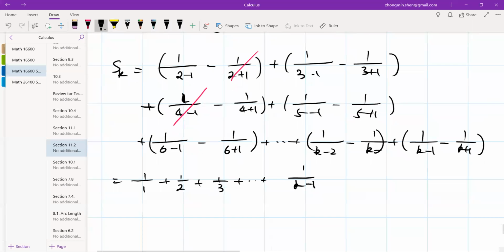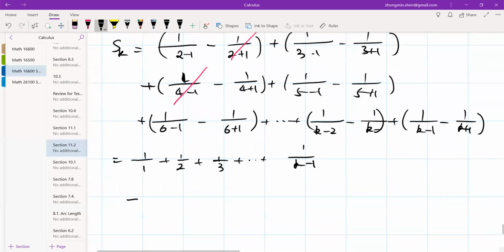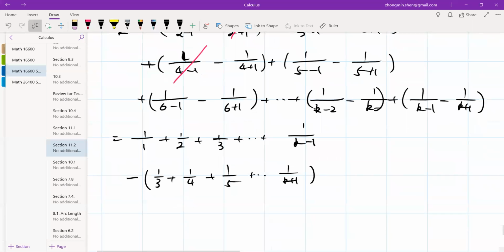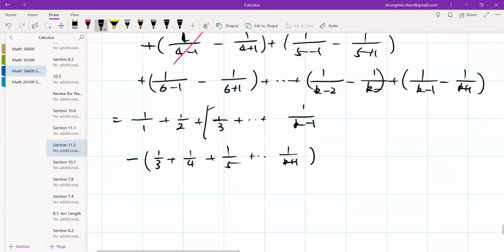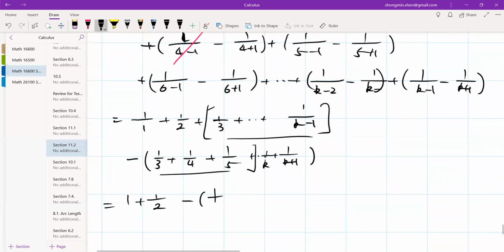And the negative terms begin with 1/3, 1/4, 1/5, up to 1/(k plus 1). Then it's easy to see which terms will be gone. From here to here, this part will be gone, and 1/k is left. So you will get 1 plus 1/2 minus 1/k minus 1/(k plus 1). All the terms in between are gone.